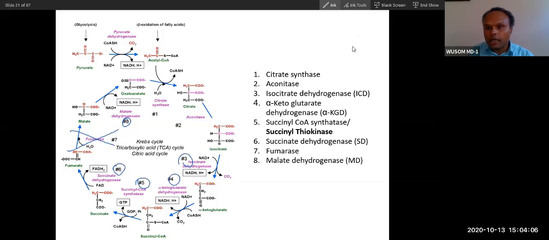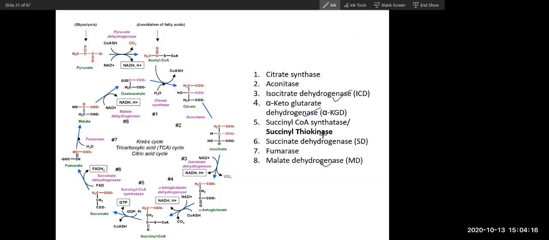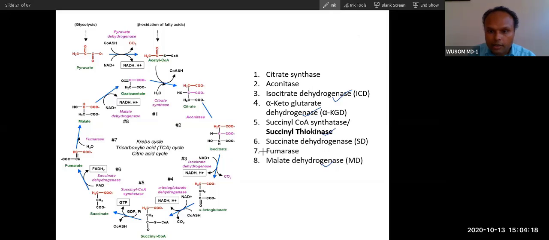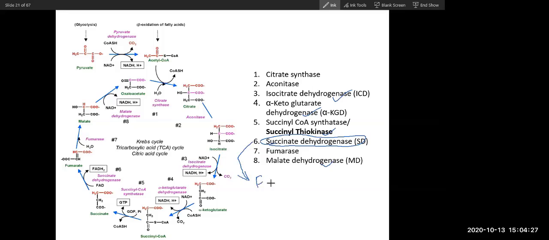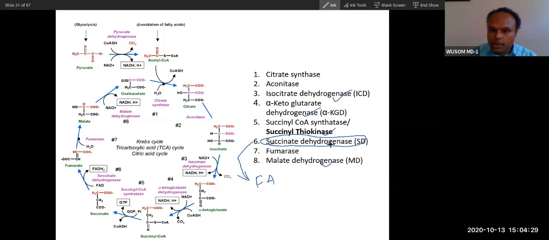If you go through, you will remember easily, because you know the function of dehydrogenase, and then one is thiokinase, you know the function of kinase. And this is a very different type of dehydrogenase, where you will see B2 and production of FADH2.